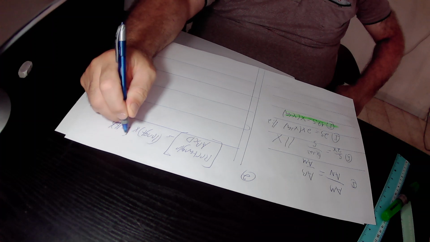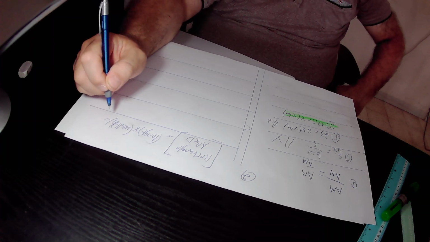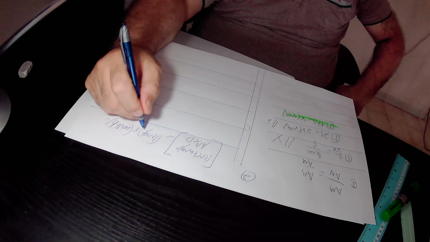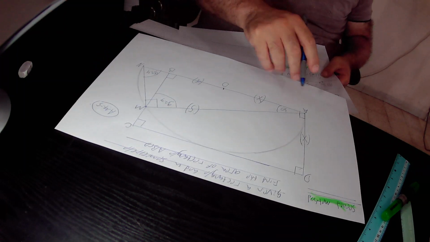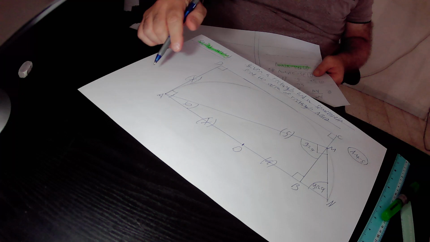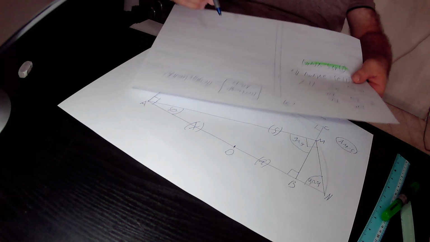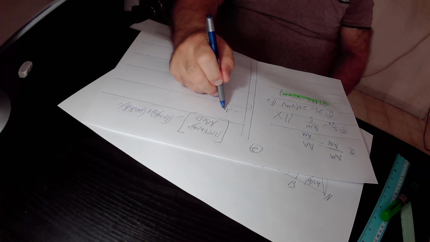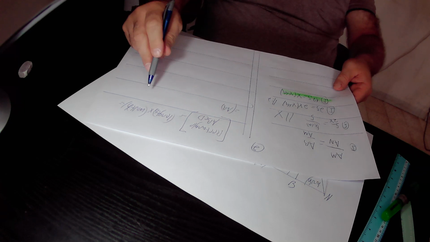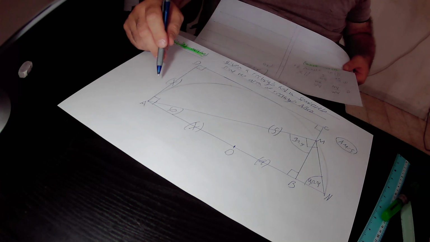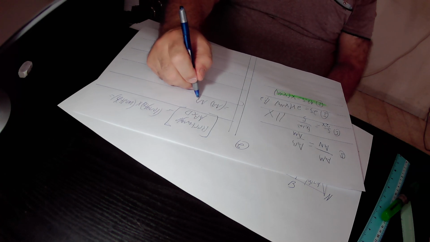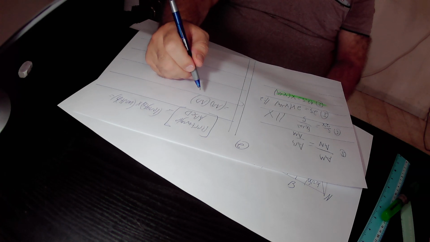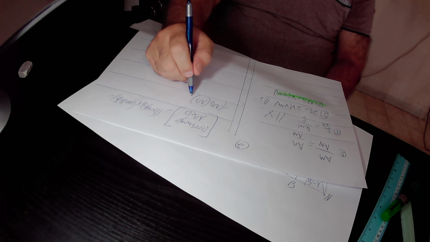And therefore, the area of rectangle ABCD must be equal to the length of rectangle ABCD times the width. The length of this rectangle ABCD is AB, times the width. The width is AD. So in total, we found out that the area of rectangle ABCD equals AB times AD.